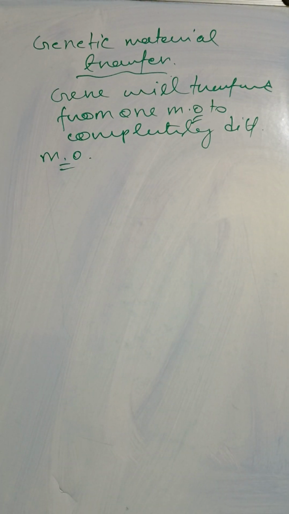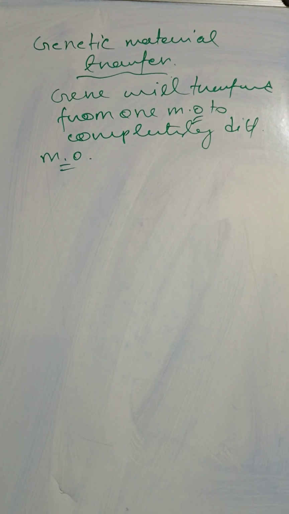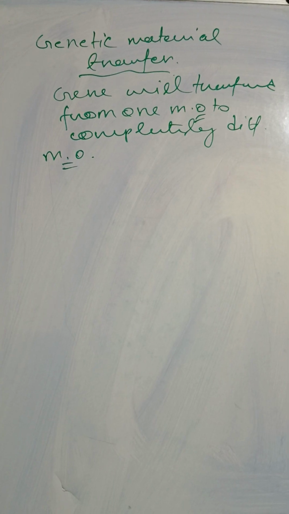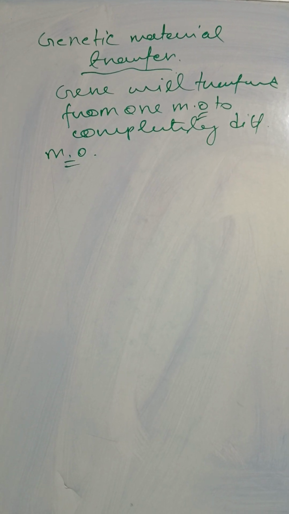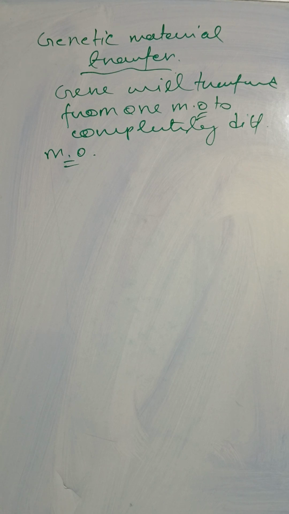Suppose you transfer a gene from bacteria to yeast. So obviously yeast and bacteria are heterologous organisms. They are not similar, they are not the same in any way. So gene transfer occurs from one microorganism to a completely different type of microorganism.